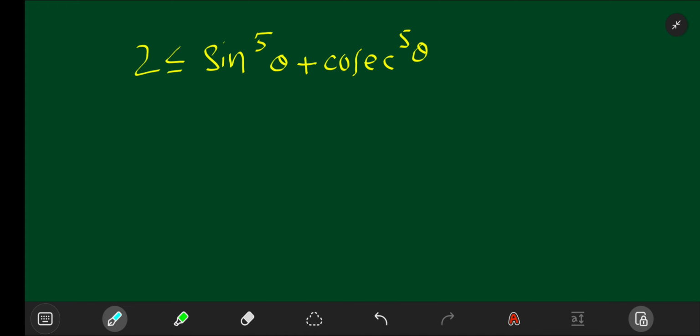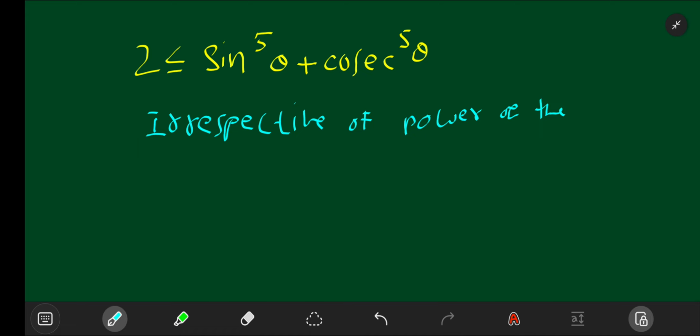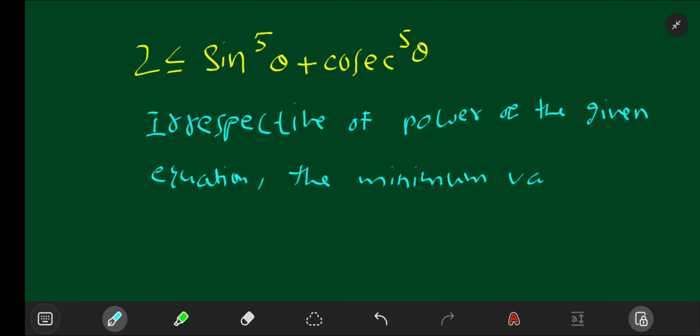important statement, irrespective of power of the given equation, the minimum value is always 2.